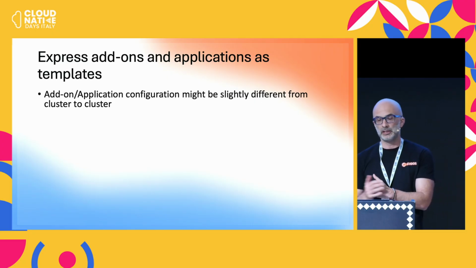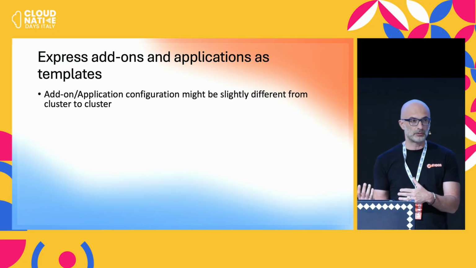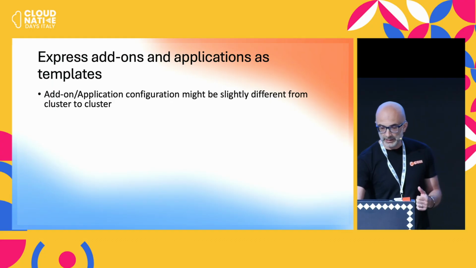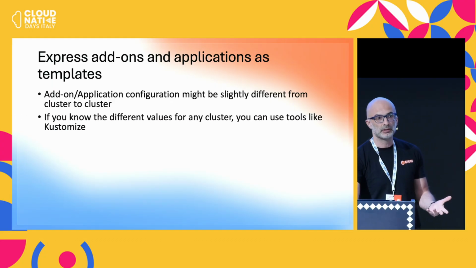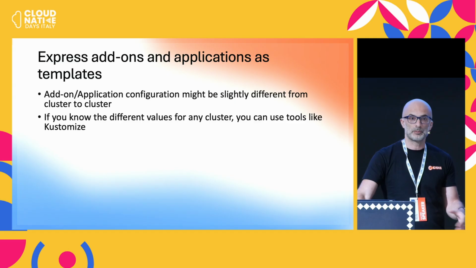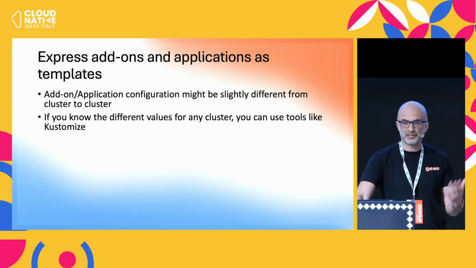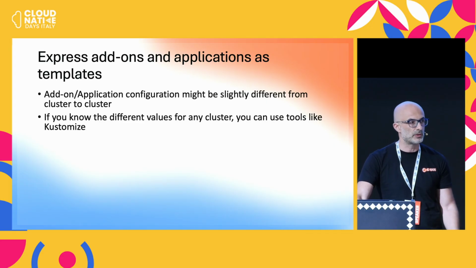But when I deploy in production, I want the replica to be set to 3 because I want high availability for my application. If you know this information up front, that in this cluster replica should be set to 1 and in production replica should be set to 3, you can use a tool like Kustomize, and that's good enough.